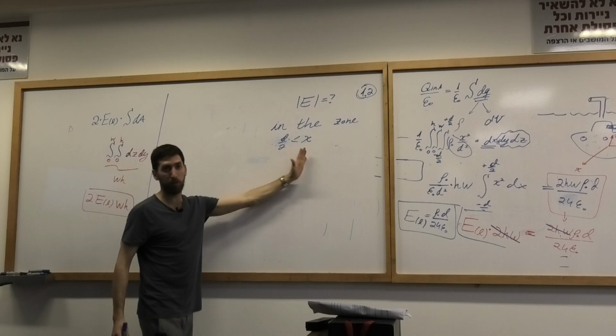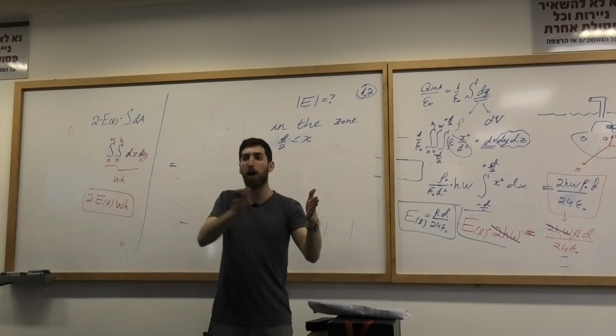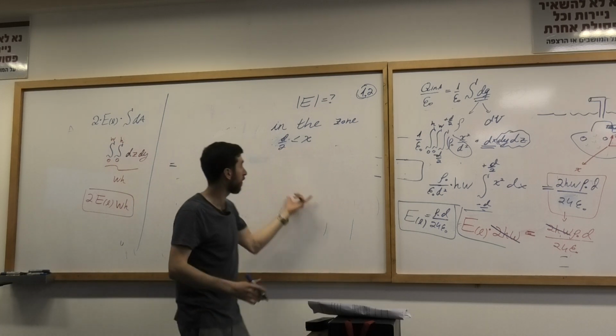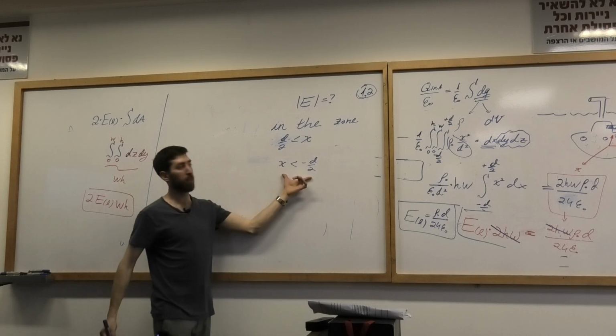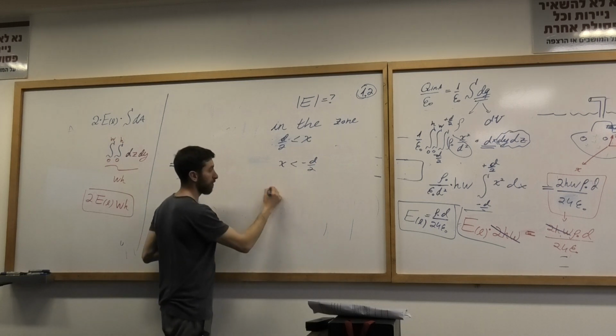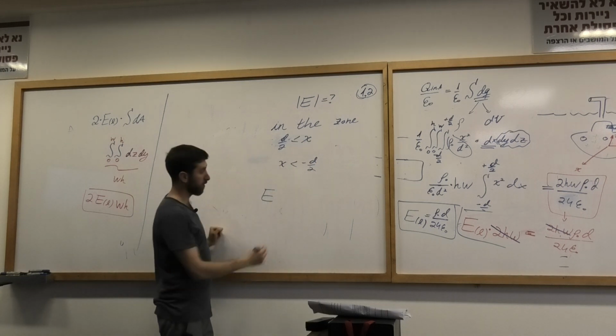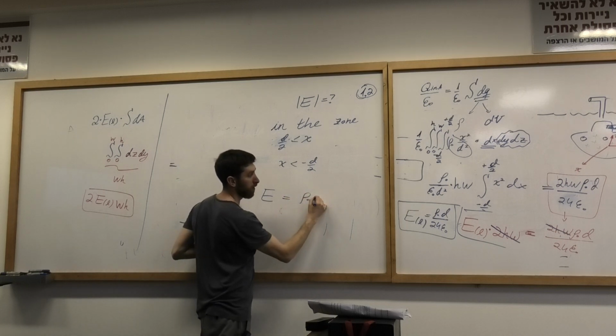Okay, that's what we found. We found the electric field outside of the wall, and this is also true for negative x, the other side. So we found that the electric field in these regions is equal to this.